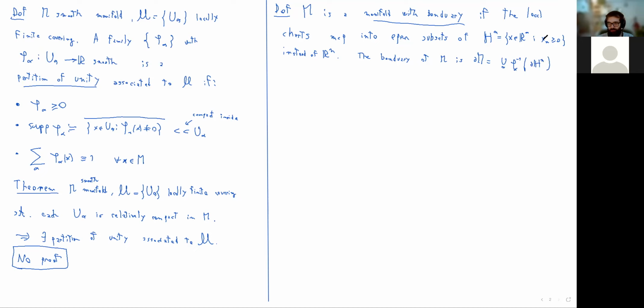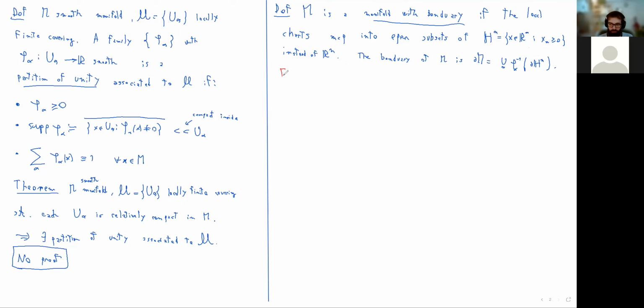So for each local chart here, you have a clear boundary, which is just x_n equals 0. And you take these hyperplanes and you send them back and you call this the boundary of the manifold. You have to be careful here because you don't know if the boundary is sent to the boundary, but this is something you can check, and I believe you have already seen this definition, so we will not do all this checking.